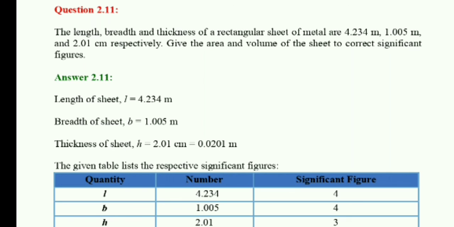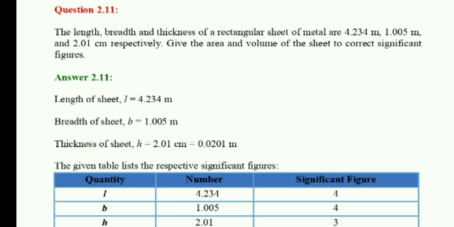Now convert these values into the SI unit, that is meter. So length will be 4.234 meter, breadth will be 1.005 meter, and height will be 2.01 centimeter, that will be 0.0201 meter. The formula of area of sheet is 2 bracket start LB plus BH plus LH bracket close.